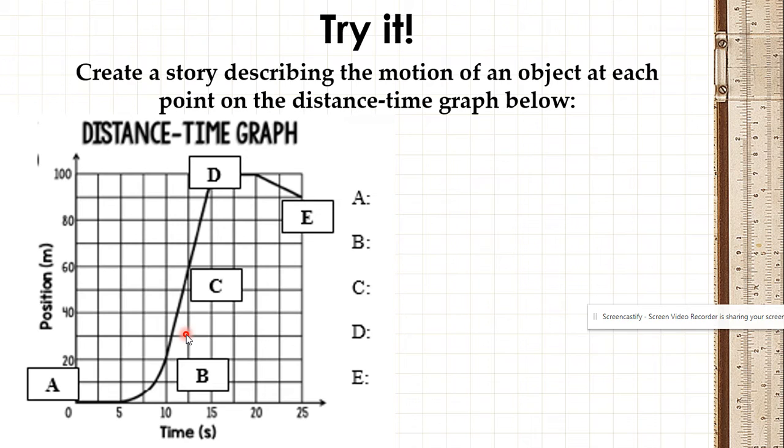So you could say, and then it sped up for about 5 seconds away from the red light, and so on. So you're just telling a story about the motion of an object at each of these points on this graph.